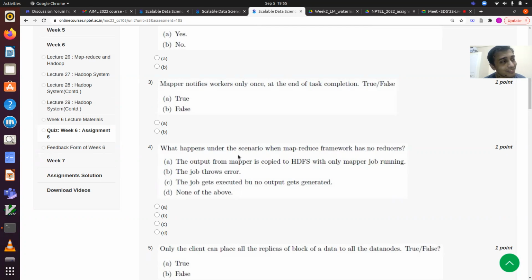Then you have a potential answer. So why do you think you're not understanding the question? I'm not asking for the answer, sir, but discussing it. Sir, the mapper keeps talking to the worker repeatedly, not just once. So that is the point. We are asking whether the statement being made is true or false.